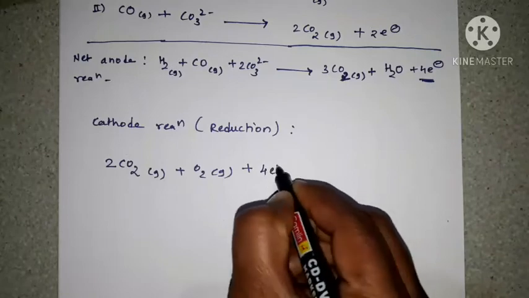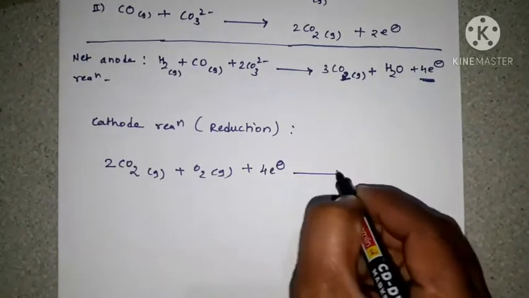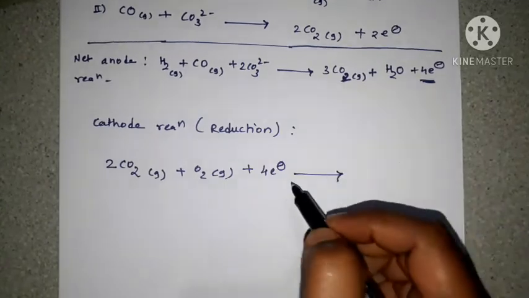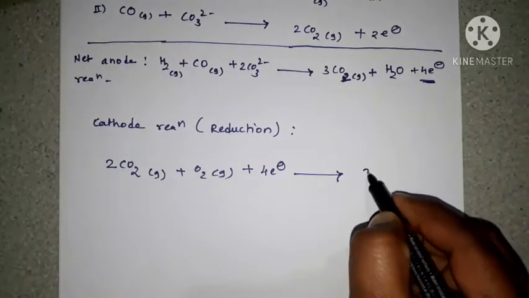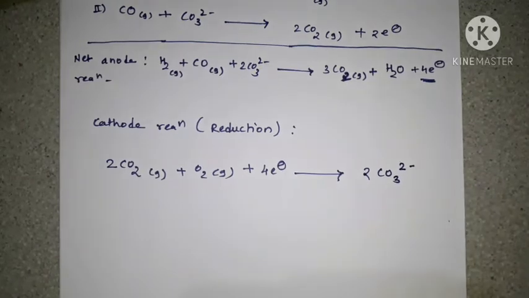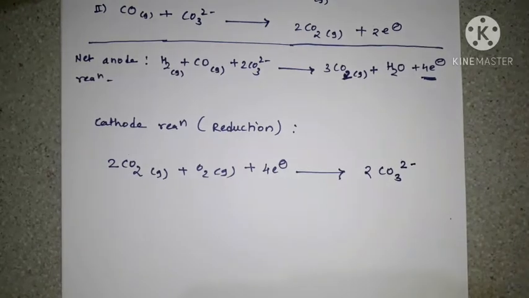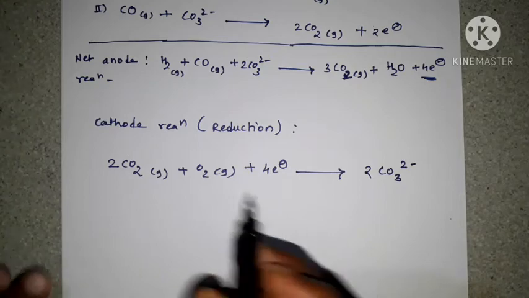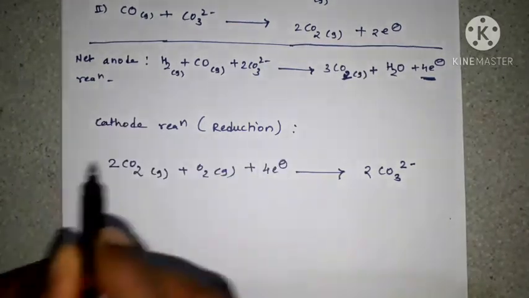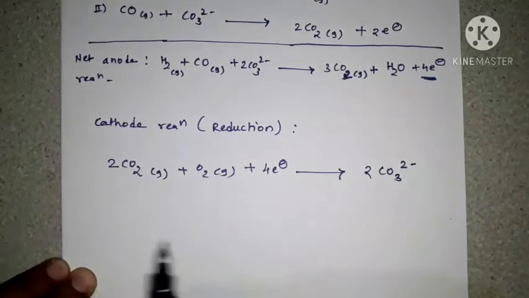So you can write 4 electrons, and on the right side 2 CO2 plus O2, and by using these 4 electrons 2 carbonate ions are generated. So you can say a reduction half reaction takes place on the cathode.